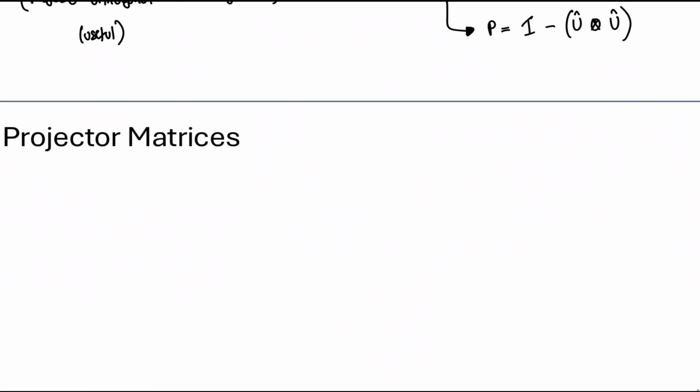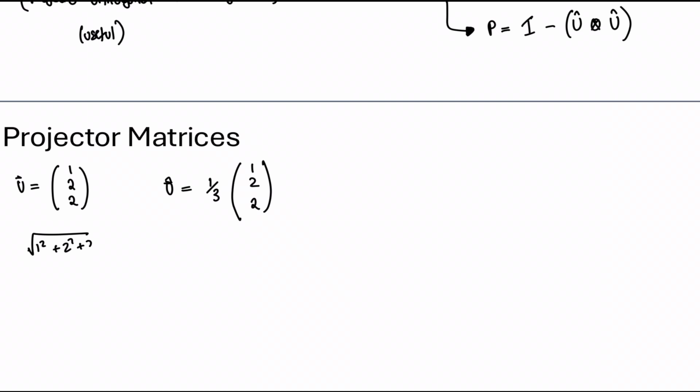So if we had that same u vector, which is (1, 2, 2), if we normalize it, we would get 1/3 times (1, 2, 2), because 1 squared plus 2 squared plus 2 squared is equal to 9, whose square root is 3. And so we get the vector (1/3, 2/3, 2/3).